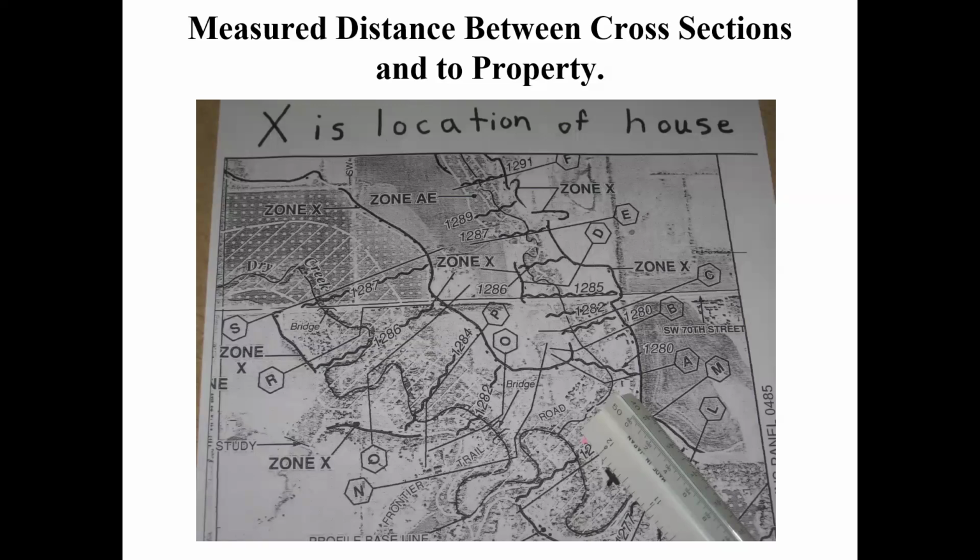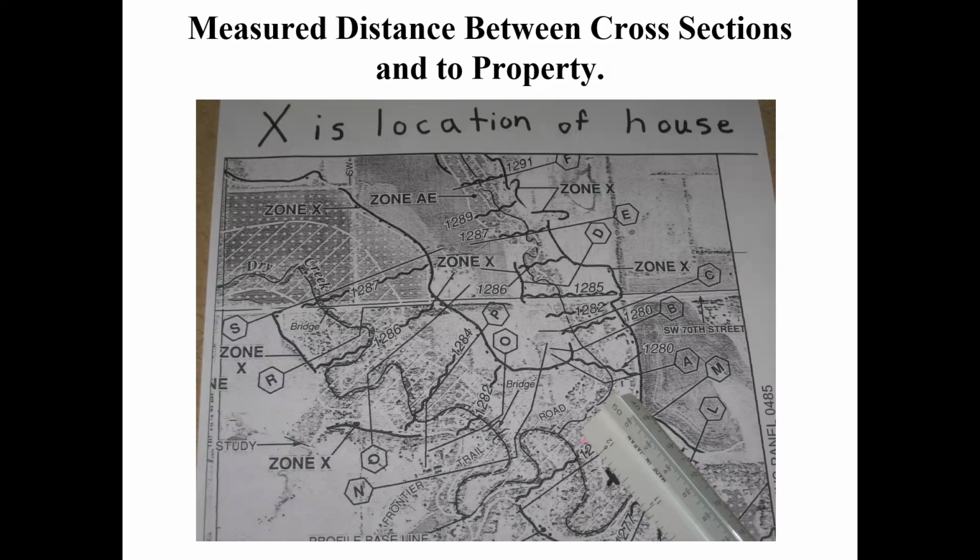in this instance, we're looking at a detailed study area, and as noted in this photo, the X is the location of the house, and so you can see it down here. We have the engineering scale on the map, and so for that X, we're looking at the two cross sections that surround that area.